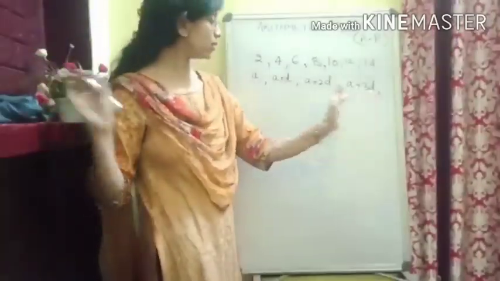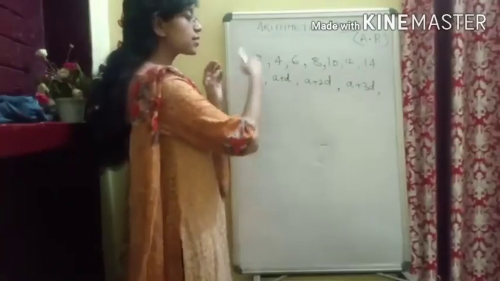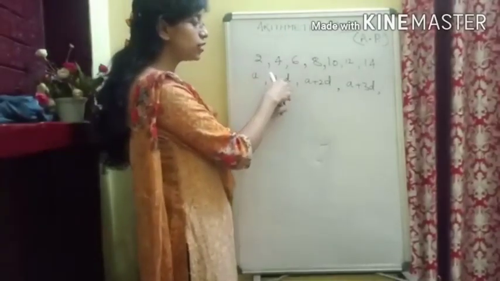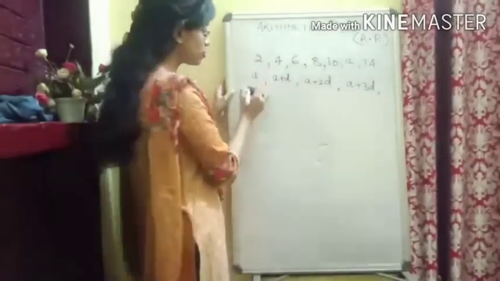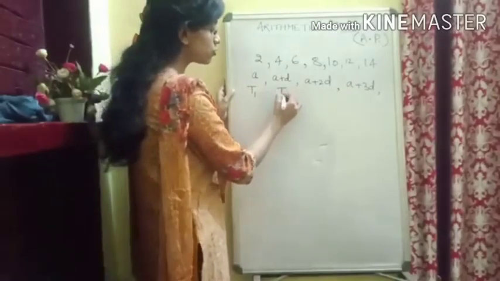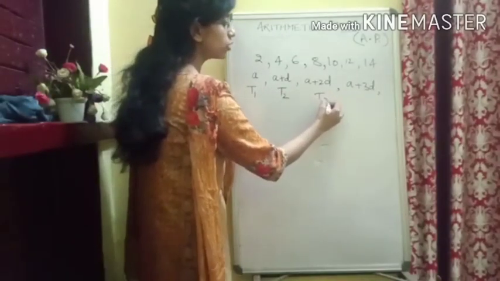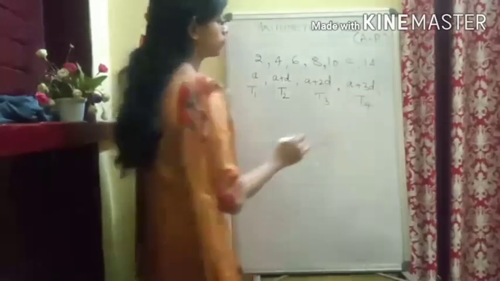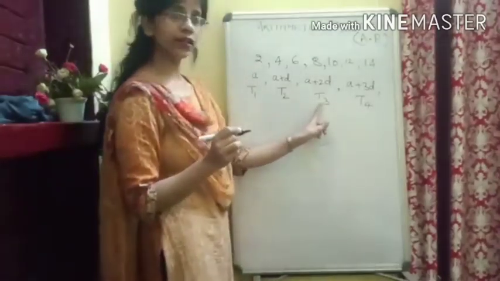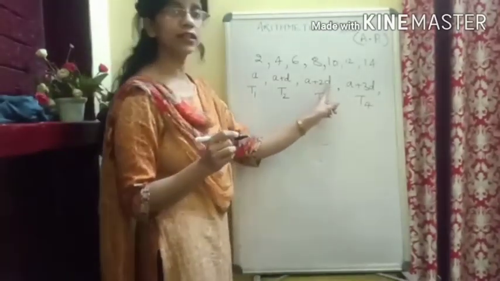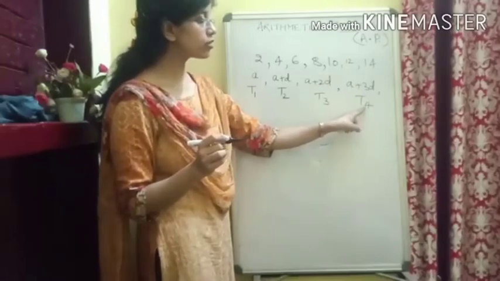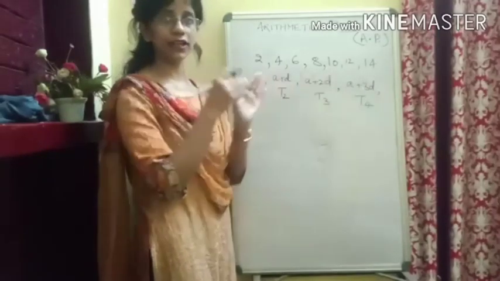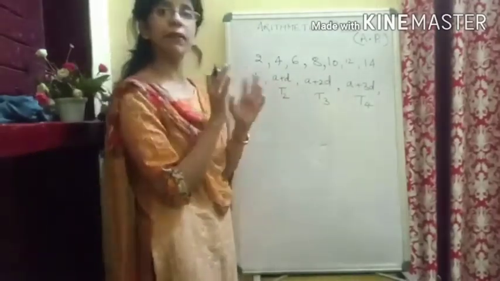If you see the pattern, first term is a, second term is a plus d or a plus 1d. This is your first term, this is your second term, this is your third term, and this is your fourth term. How are we getting the third term? It is a plus 2d. How are we getting the fourth term? It is a plus 3d. So I hope that you are now seeing the pattern.